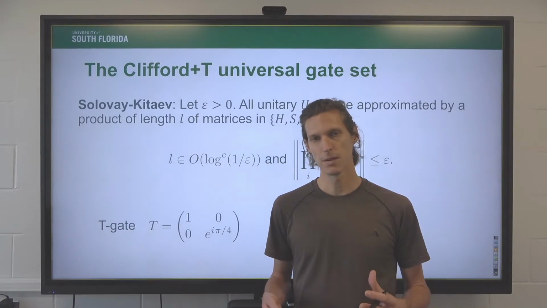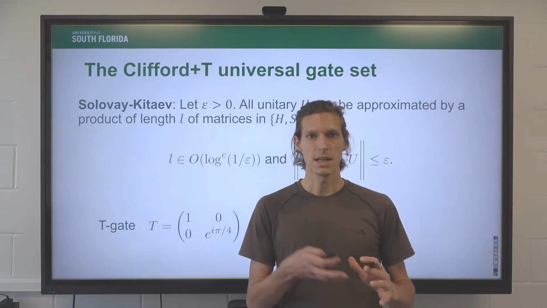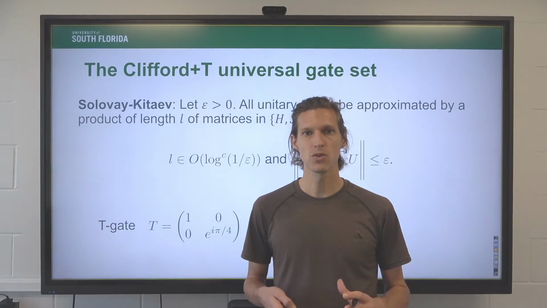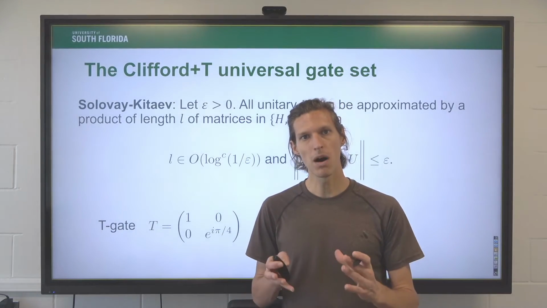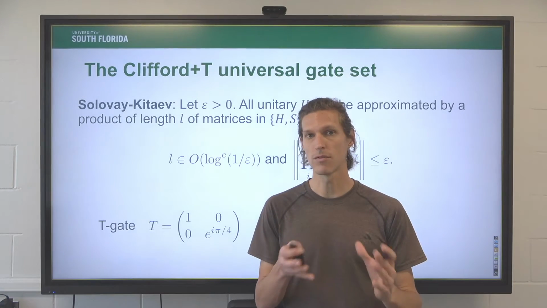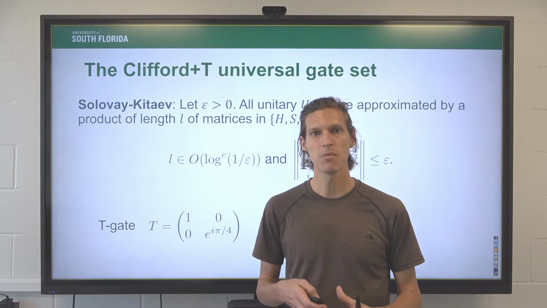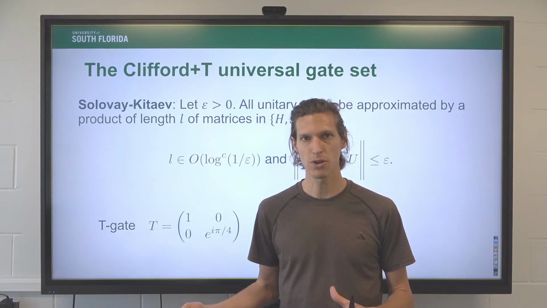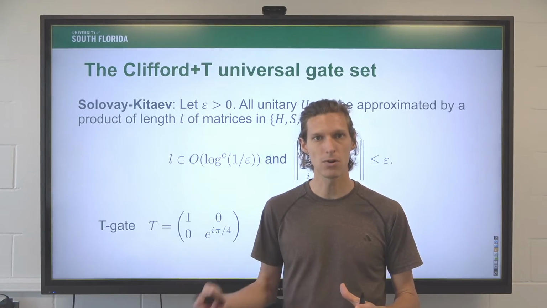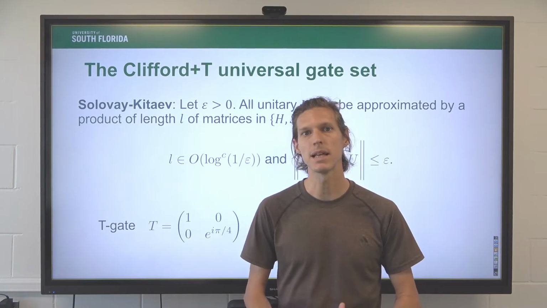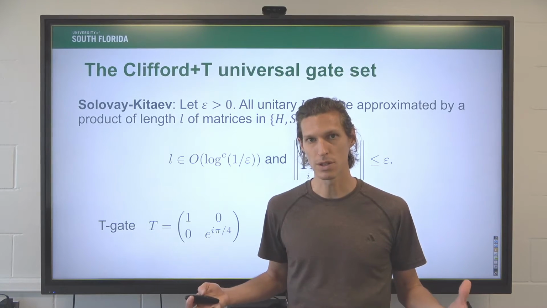It turns out what we want as an analogy with classical circuits is a small set of operations that can make up any arbitrary circuit, any arbitrary algorithm, okay, that can implement any evolution, right?